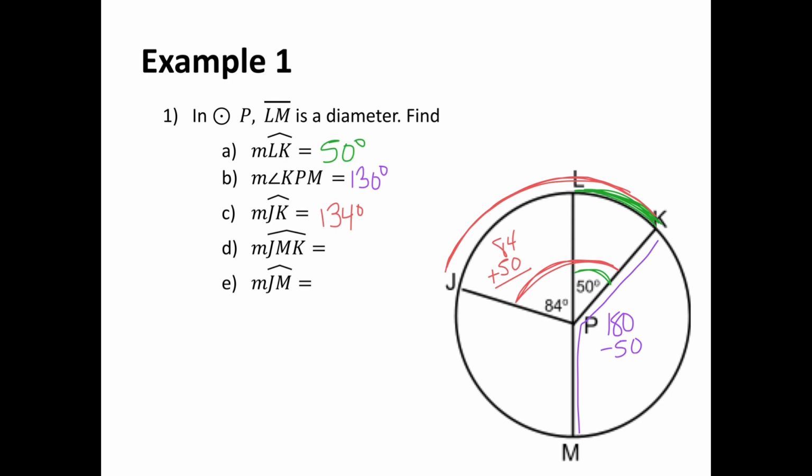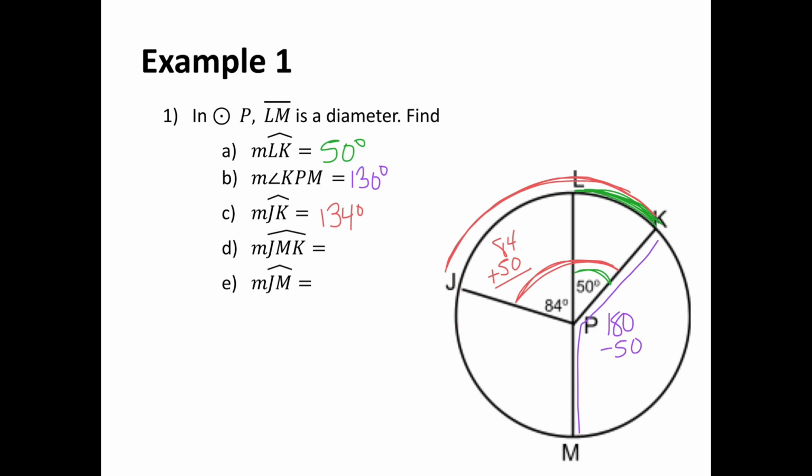You'll notice that sometimes the arcs will have three letters, and that tells us what direction we're supposed to go around the circle. Because this was just J to K, it became the minor arc. But when this is JMK, it wants us to go this whole way around and find the measure of this major arc.